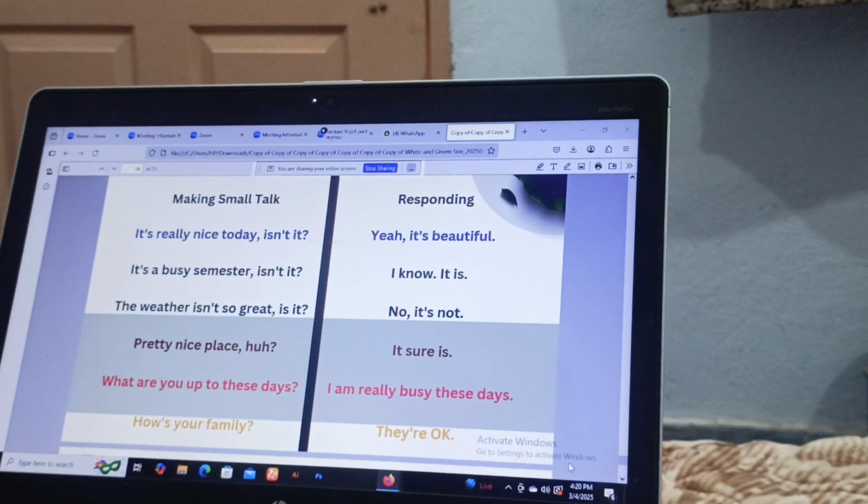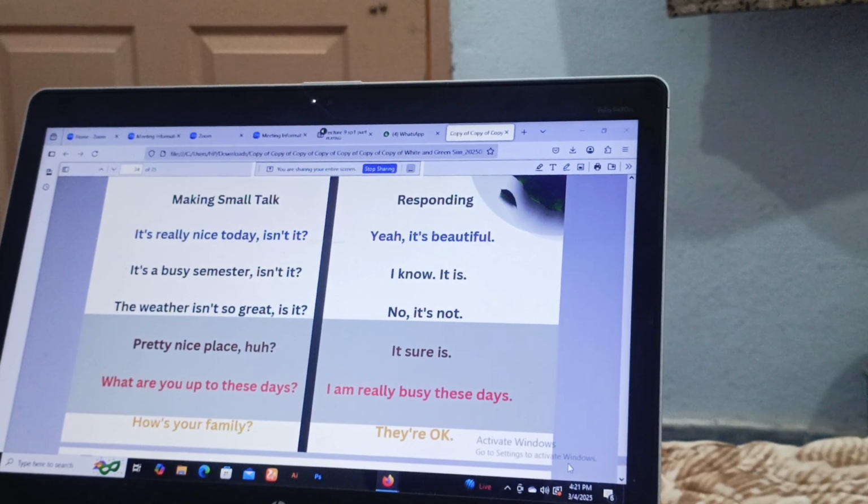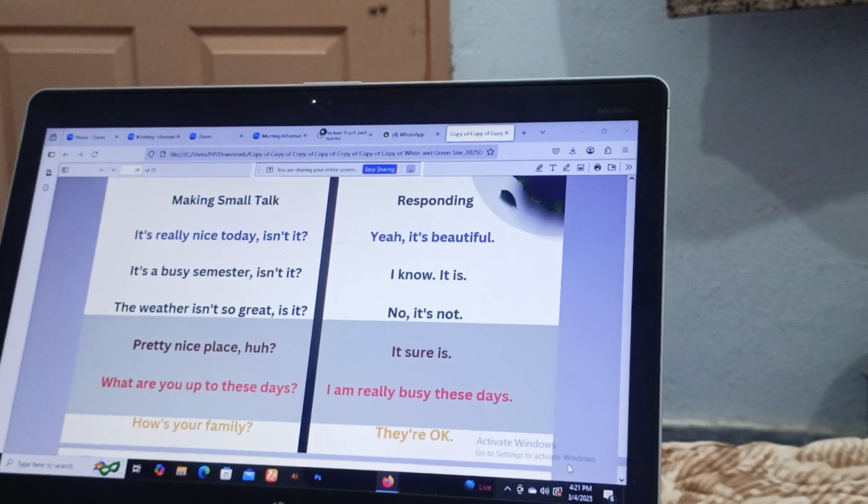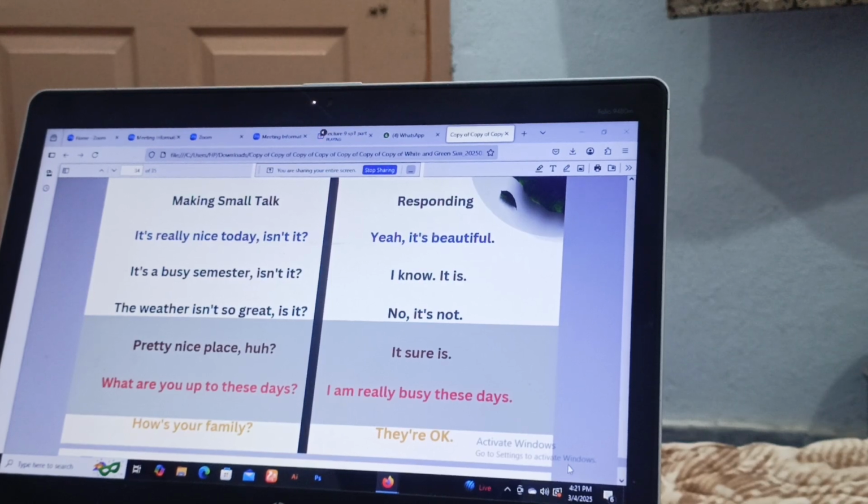But after interacting with you and taking your sessions, I am able to understand what they're speaking because of the pronunciation. You helped me recognize it through your sessions. So I would like to express my appreciation.